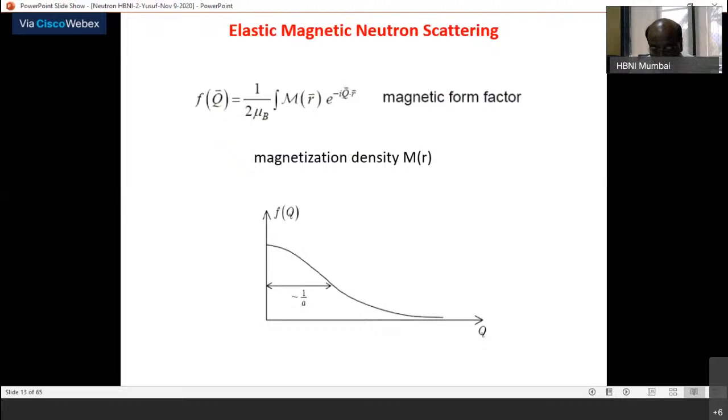Why? Because when you deal with magnetic atoms or magnetic ions, what is the picture you have in mind? That there are unpaired electrons at certain shells. For example, for 3d transition metal elements, at the 3d electronic shell you have unpaired electrons.